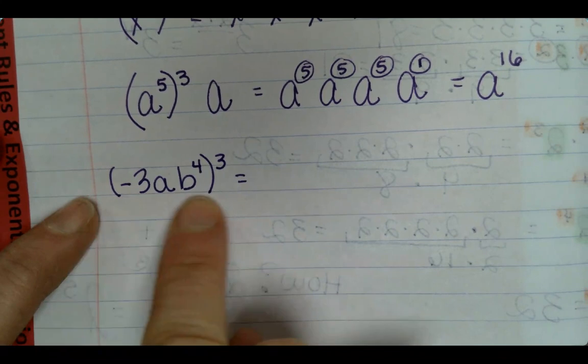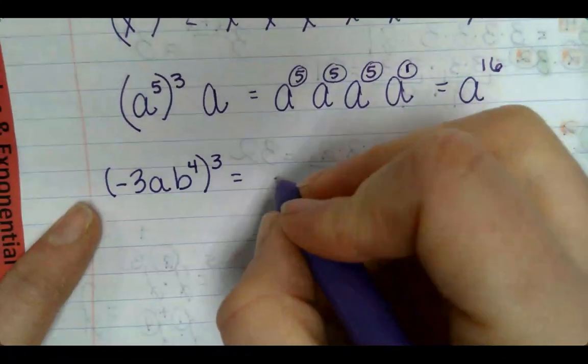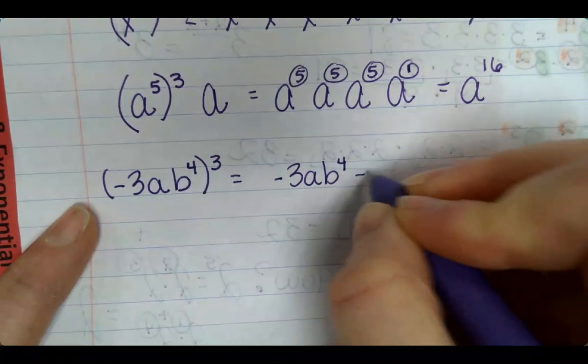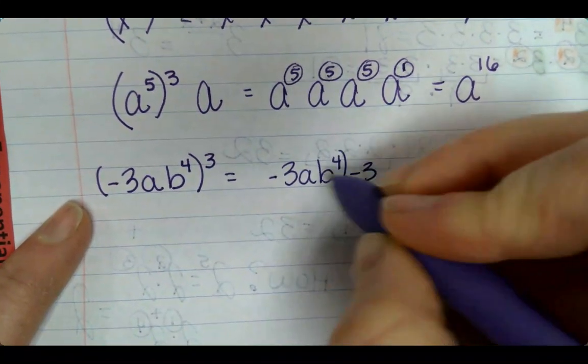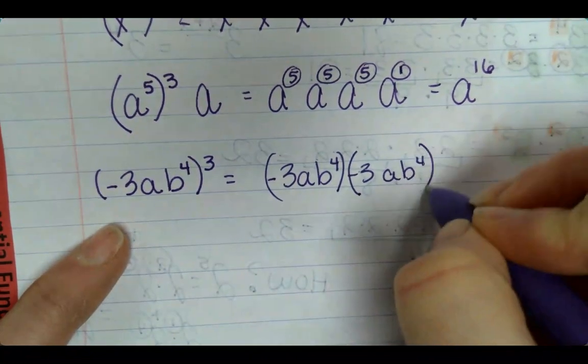How many times are we going to list this? 3 times. -3, A, B, 4. -3. Oh, I should probably put those in parentheses. It would make a whole lot more sense so it doesn't look like minus.